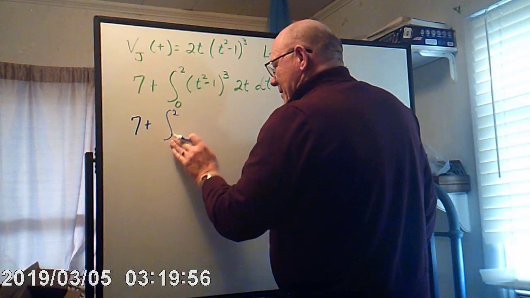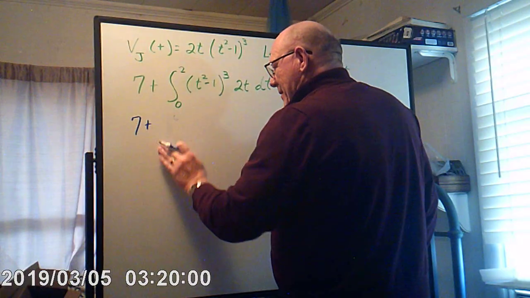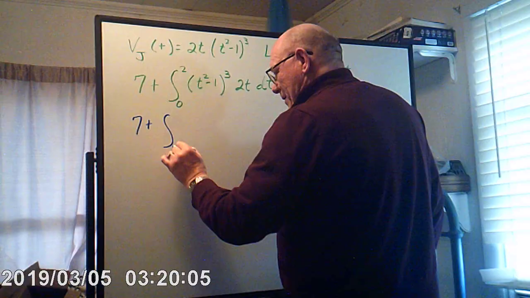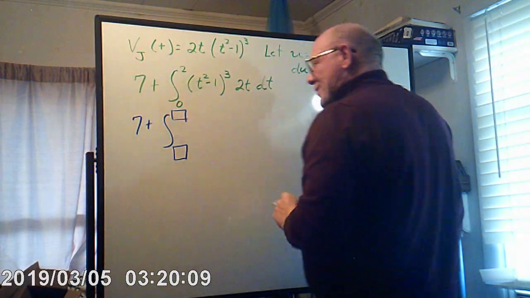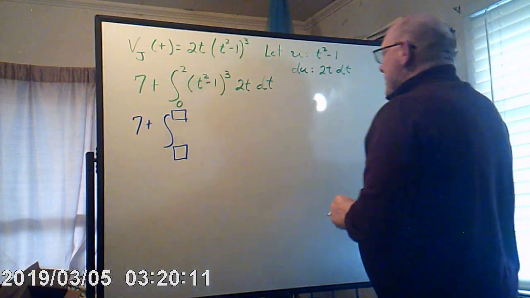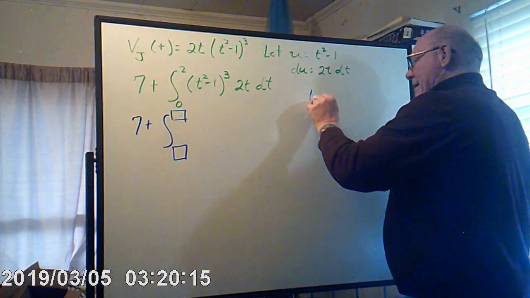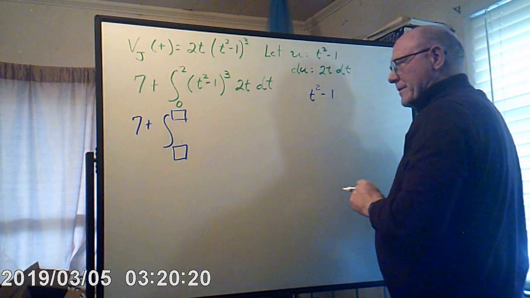Now, I'm going to leave off these limits of integration. I'll need a little more space down here. I'm going to fill in these boxes. I'm going to show you something. Look what you let u be: t squared minus 1.